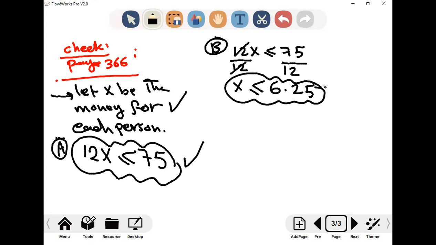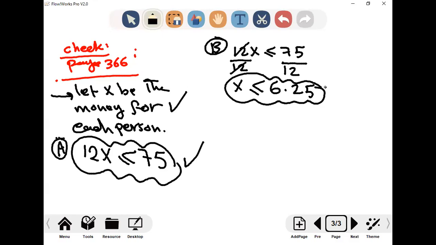Do you understand? This means that this Dominic boy can spend $6.25 or less. He cannot spend more than that, because if he spends more than 6.25, assume $7, we are assuming, right? 7 multiplied by 12 is 84, which is bigger than the 75, which he has only.